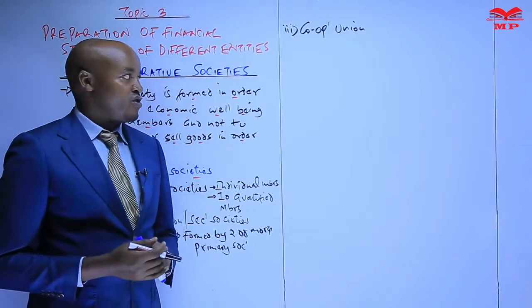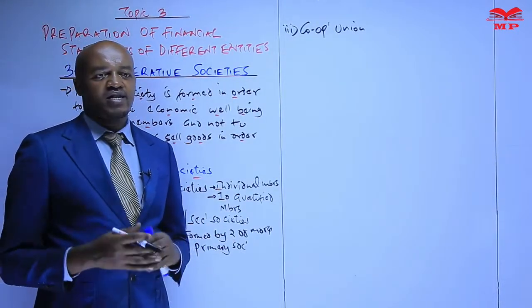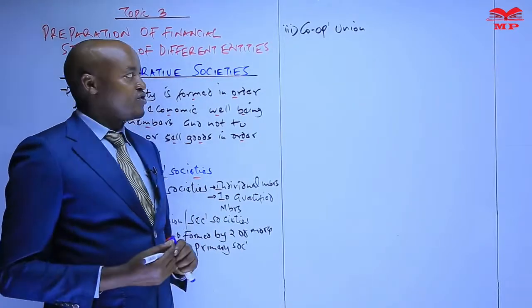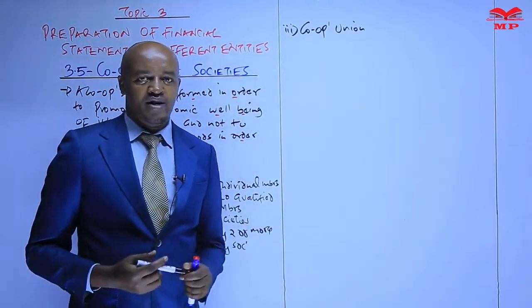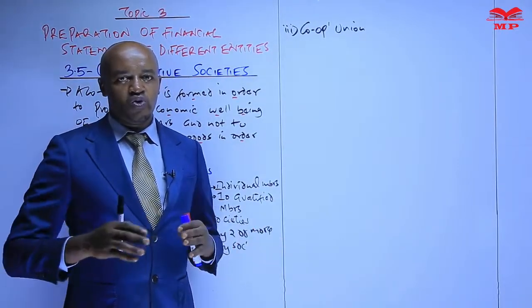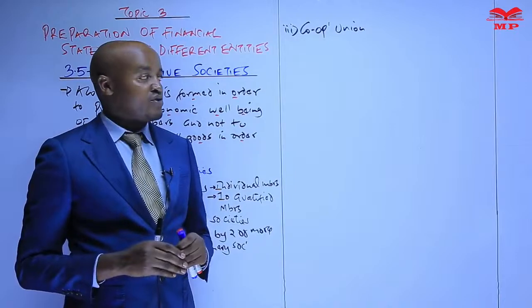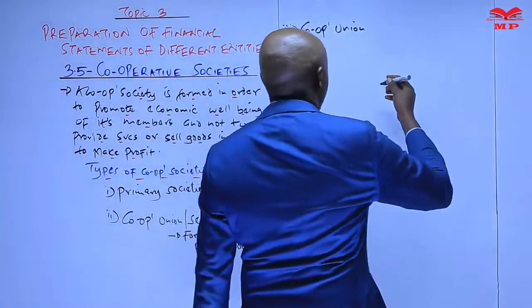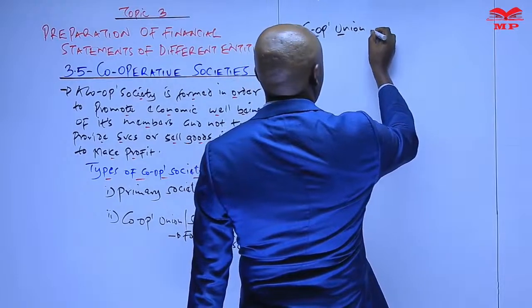The objective of forming this cooperative society is to promote the growth and development of cooperative unions. A good example of this cooperative society in Kenya is what we refer to as Cusco. Cusco is a cooperative society which is formed at the national level to promote the growth and development of cooperative unions.